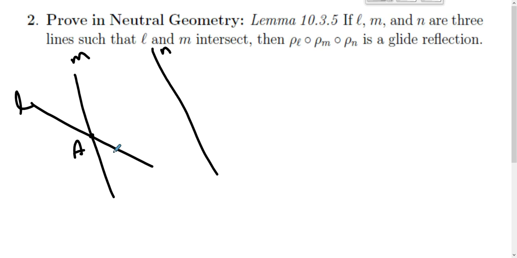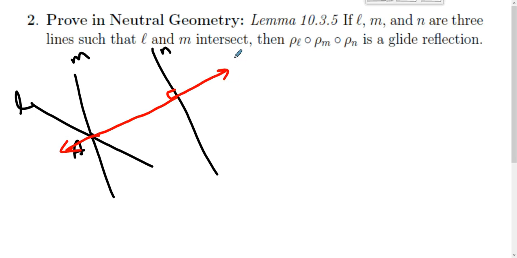We want to show that reflecting in N, then M, then L is a glide reflection. So L and M intersect, so there is some point A on L and M. We let S be the line perpendicular to N through A.